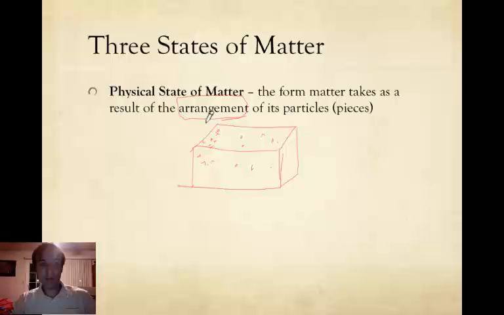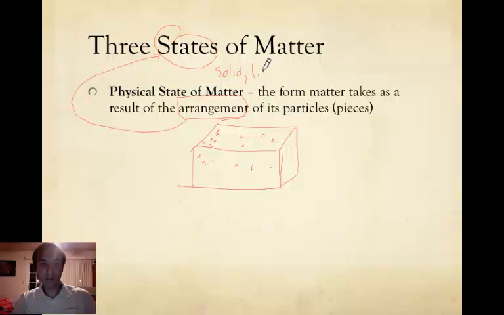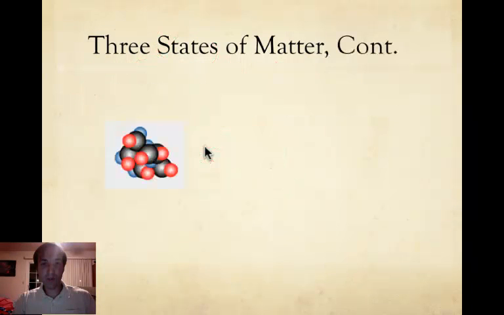So the arrangement determines the state. How these little guys are arranged, how they're interacting, will determine which state of matter you're in, whether it's going to be solid, liquid, or gas. That's all determined by how these little pieces, the atoms and molecules, are arranged.